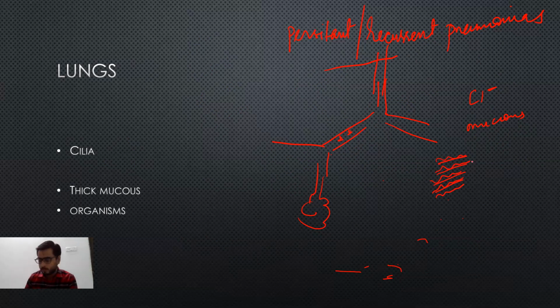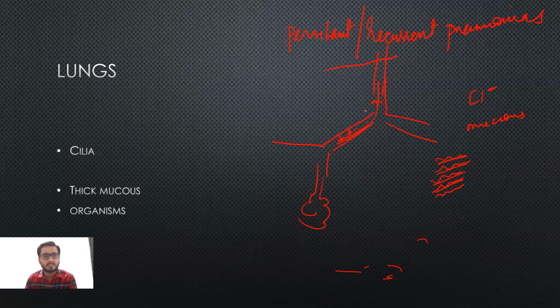What does this ciliary hair do? Normally they move the mucus out, throwing it outside the airway tract, thereby limiting infections and dislodging the organisms that grow there. So this mucociliary action is present in normal human beings.